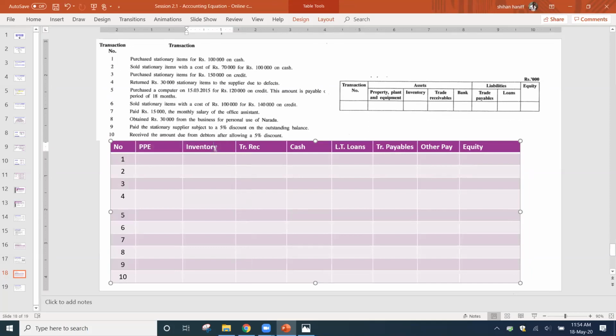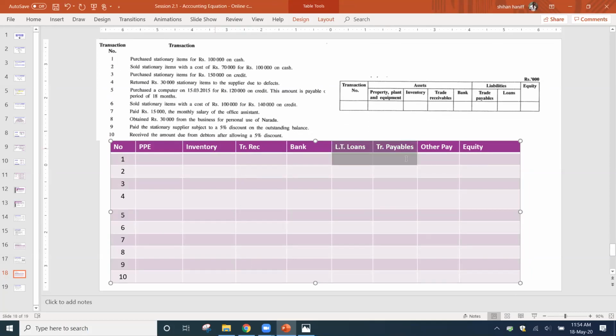Transaction, and we have PPE, inventory, trade receivables. Here it's bank, trade payables, loans.